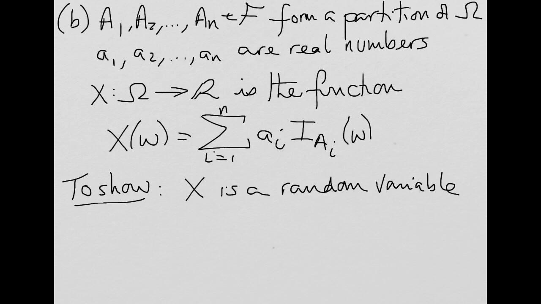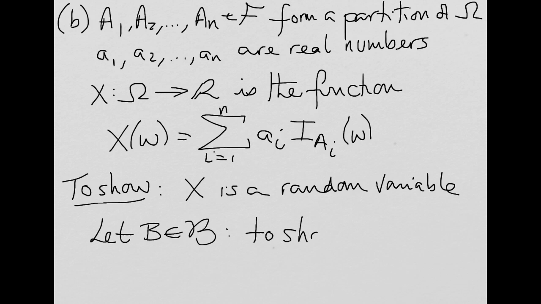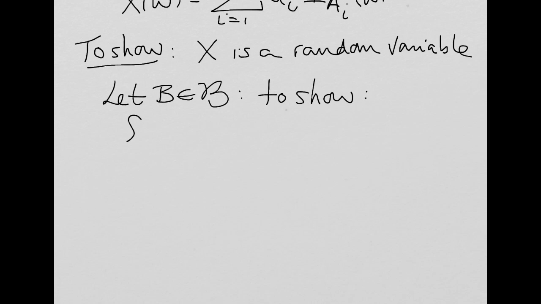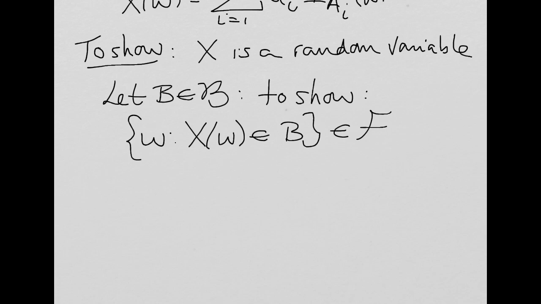Okay, so as before, let's take a set B from the Borel field, so a Borel subset of the real line. And what we need to show is, as before, that the events consisting of those outcomes that are mapped by X into the set B is an element of the underlying sigma field.